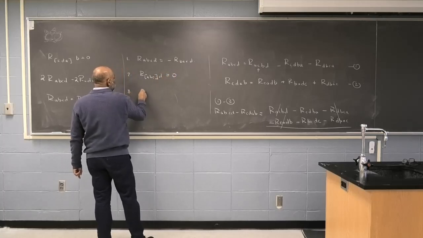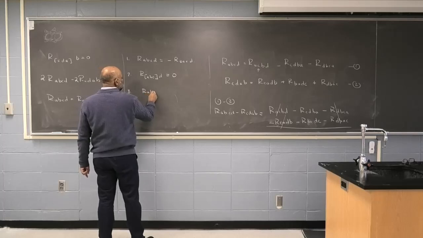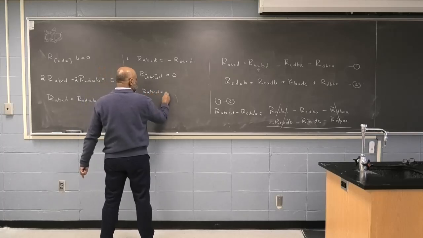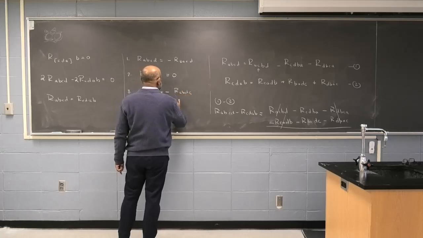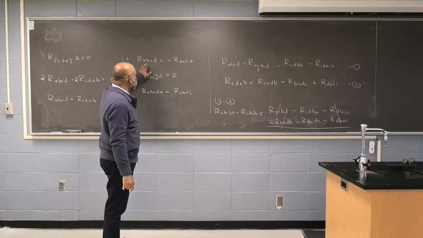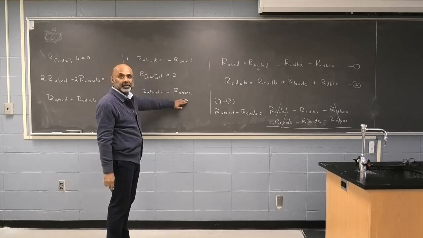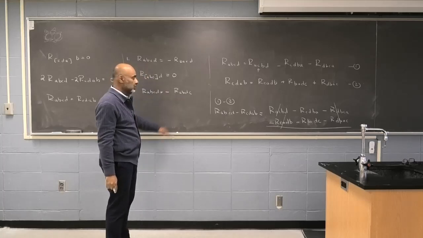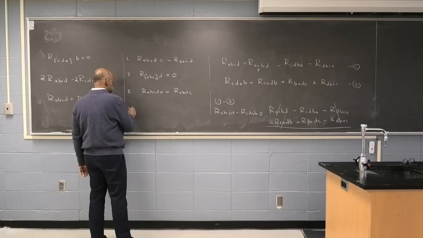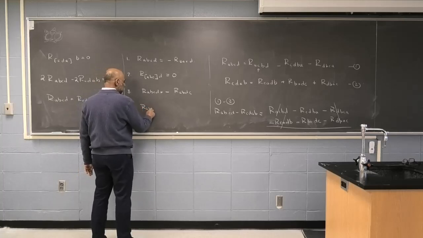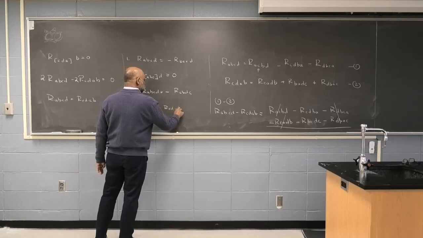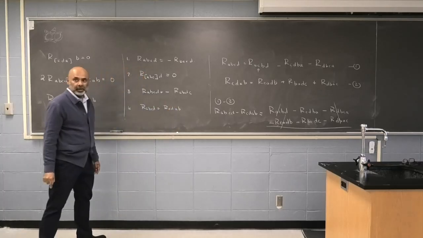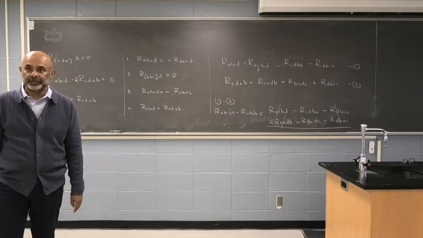Property 3 is R, A, B, C, D equals minus R, A, B, D, C. Here I swap the first pair, here I swap the second pair. Fourth property is swapping it pair by pair. You see the pattern?